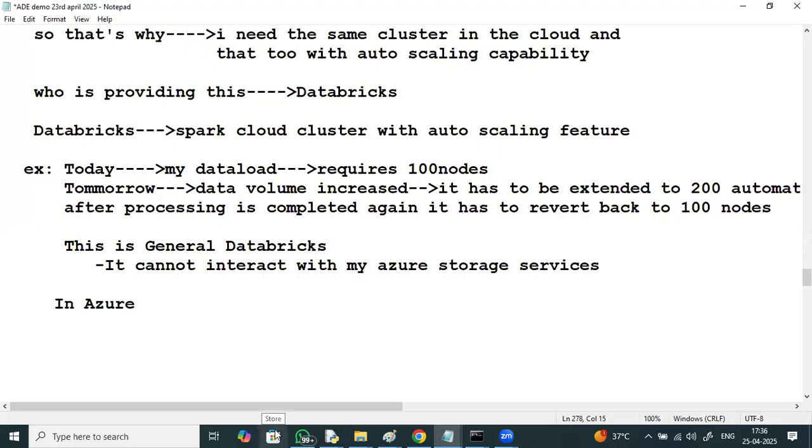In Azure, storage services are Azure SQL, storing in the form of tables, Azure Data Lake, storing in the form of files, and Azure Synapse for data warehouse kind of operations.